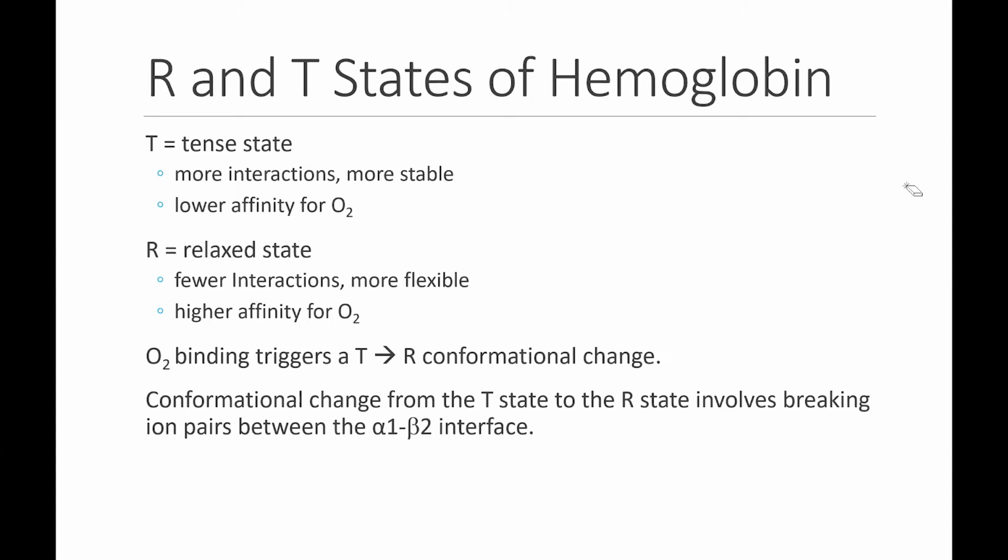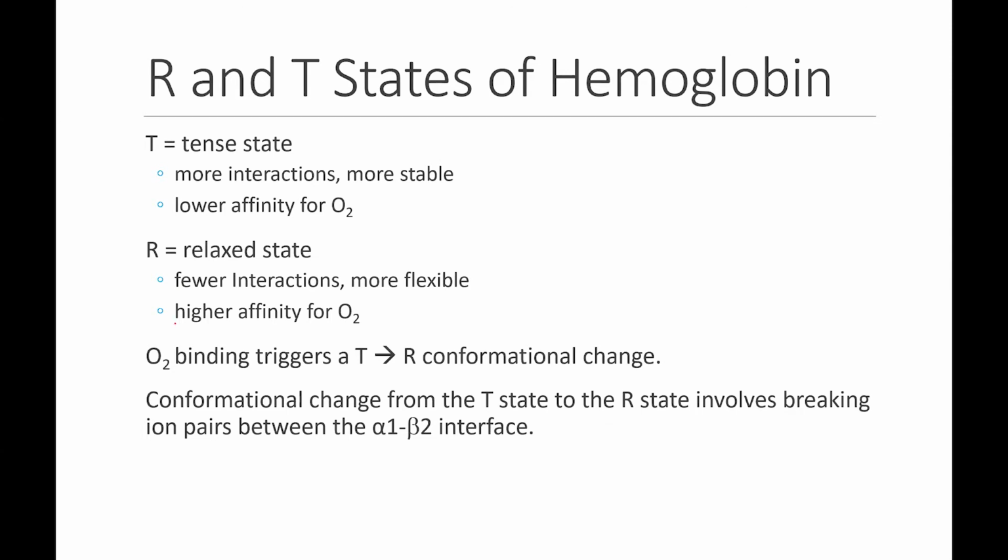The R state, or the relaxed state, there are fewer interactions, it's more flexible, it's more open. Those heme molecules are open for binding to oxygen, and so it has a higher affinity for oxygen.